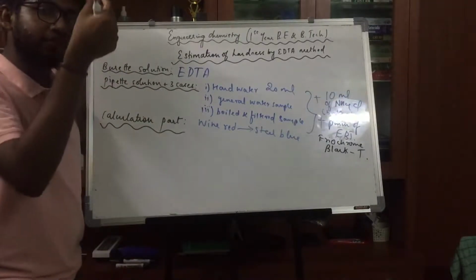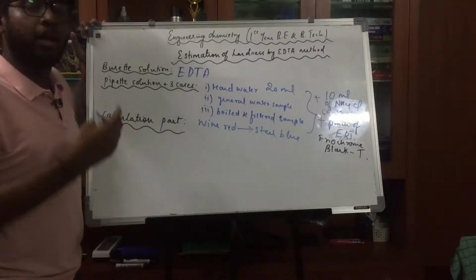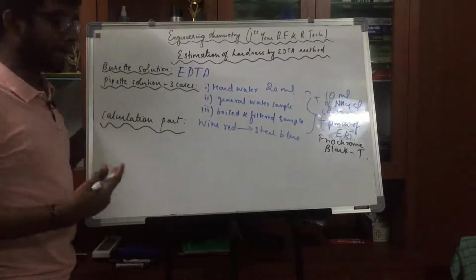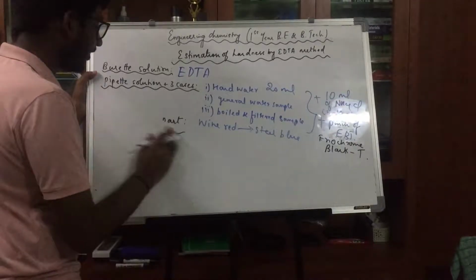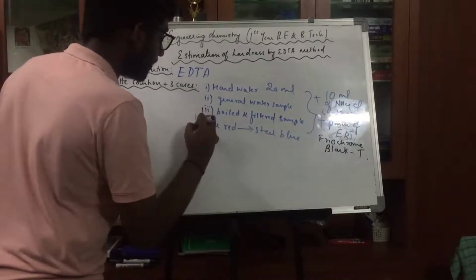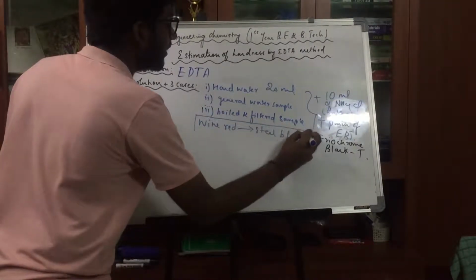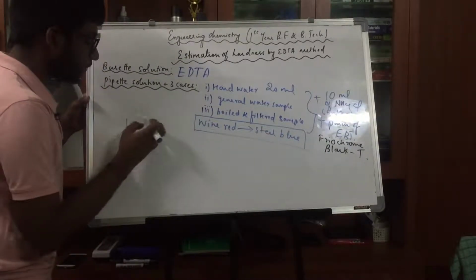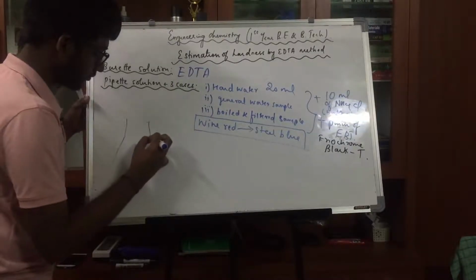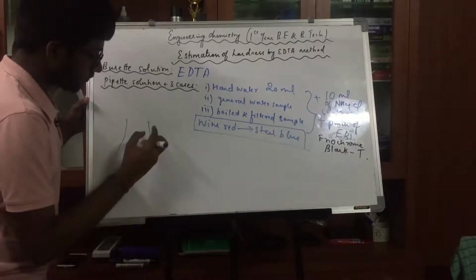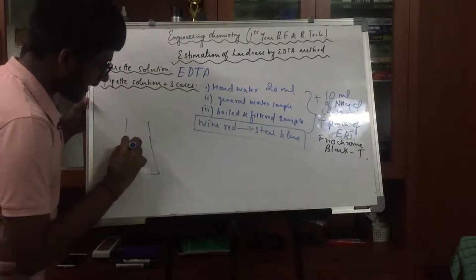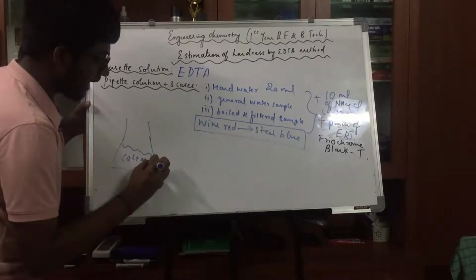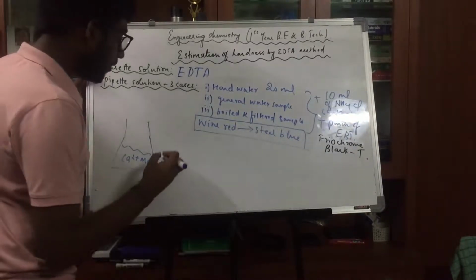When this EDTA starts falling here, a complex is formed. So already hard water has calcium and magnesium. Before I come to the calculation part, let me explain the theory once again. This is a change in color that is observed. Initially you have a conical flask, and it has certain substances, and the substances will always have calcium and magnesium cations.